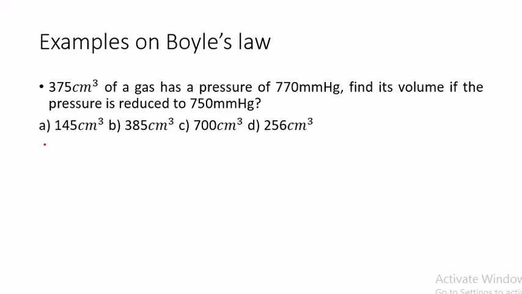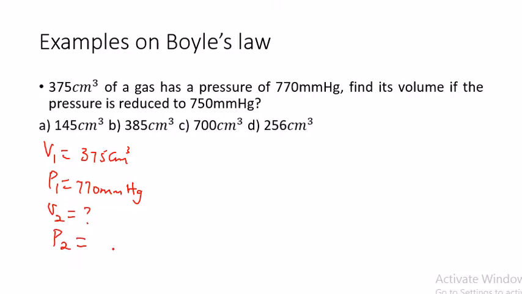Alright, so from this question we are given the initial volume of the gas, 375 centimeter cube. You're also given the initial pressure, 770 millimeter mercury. Find its volume. That is the final volume. We're looking for the final volume, if the pressure is changed to 750 millimeter mercury.